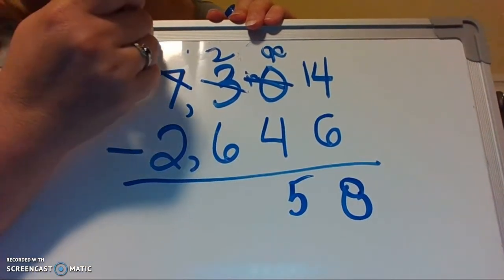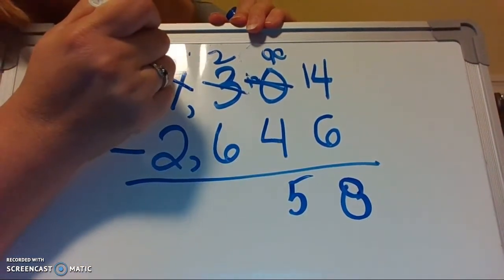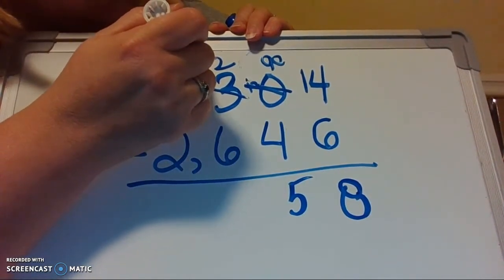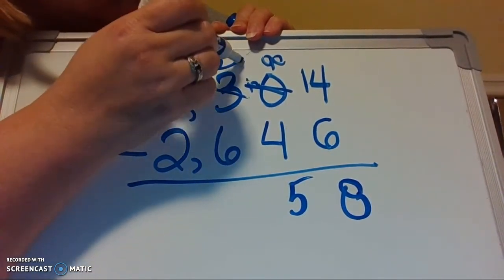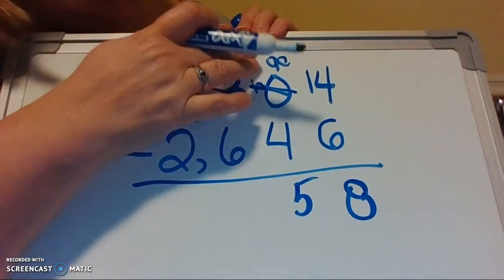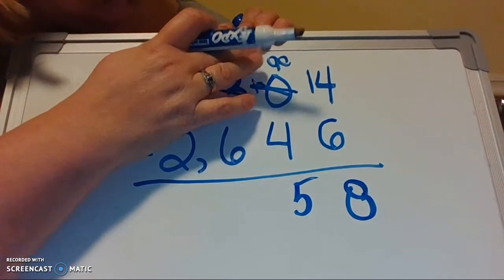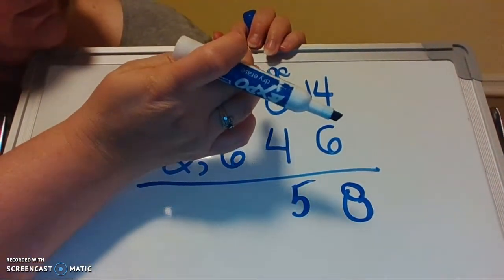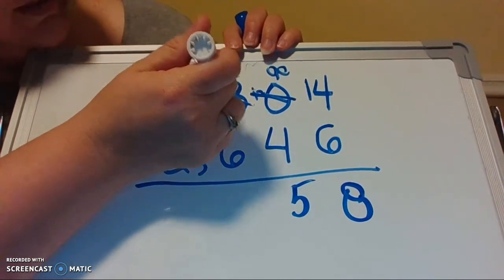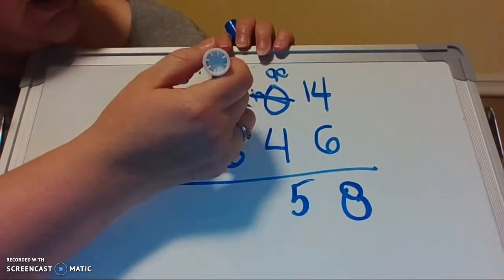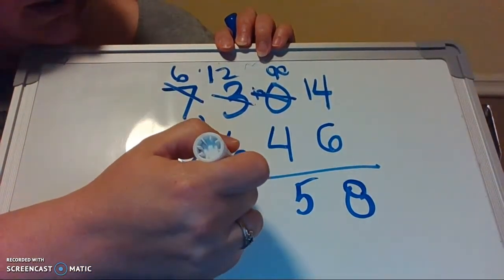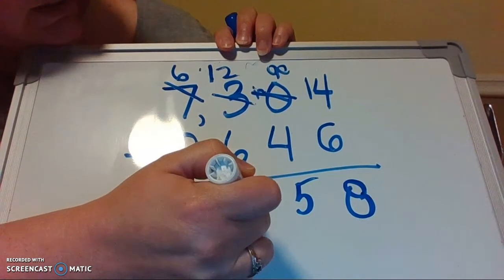So my 7,000 becomes a 6,000. And now I have 1,200 minus 600 is going to get me 600.